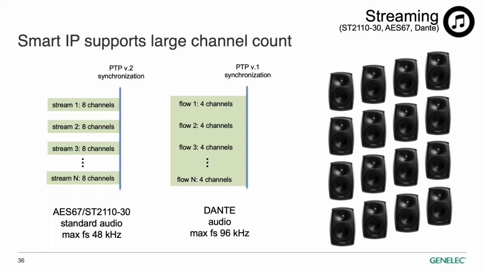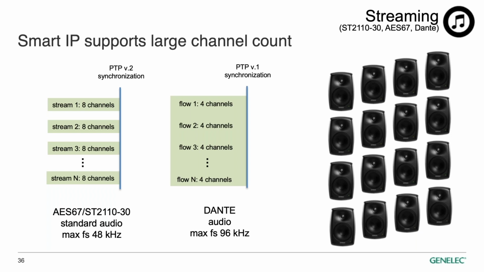And this way, the sending device can send a large number of channels by combining these 8-channel or 4-channel streams and flows together. These two different formats cannot coexist on the same device at the same time. AES67 ST2110 or Dante needs to be selected when you configure the device, whichever one you will be using.